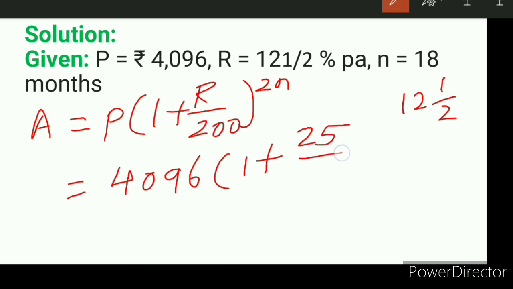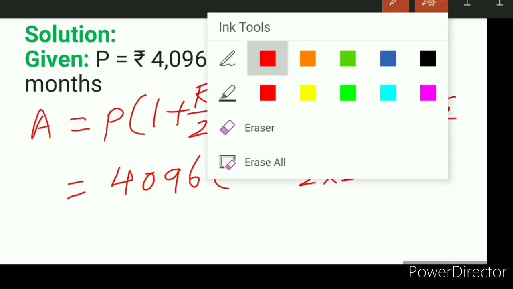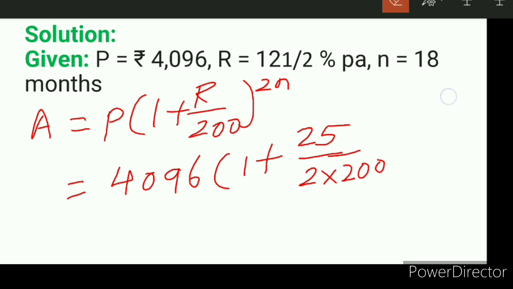In the denominator, 200 is already there, so 2 into 200. Whole to the power 2n, 18 by 12, because time is given in months, we have to convert into years, so we put 12 in the denominator. These are all the points you should remember.